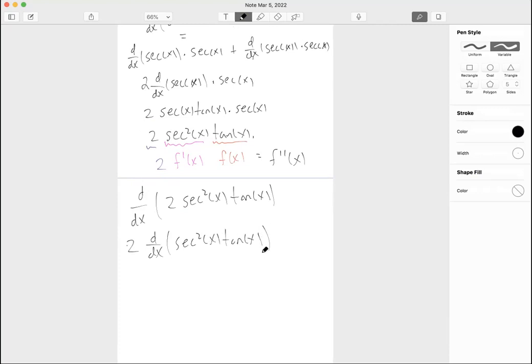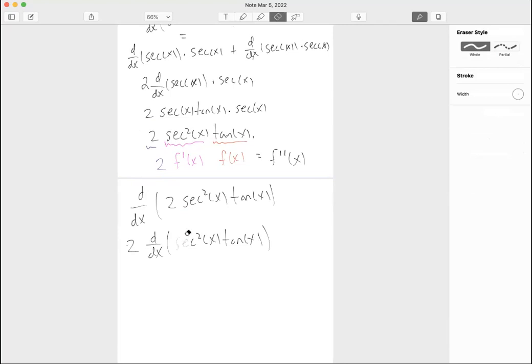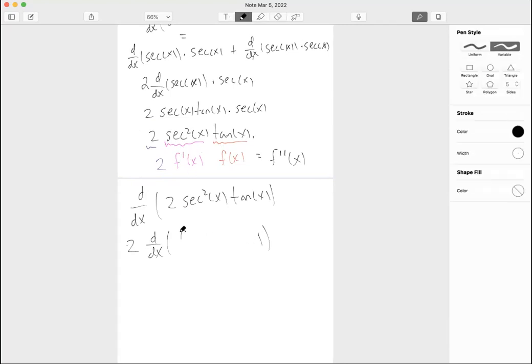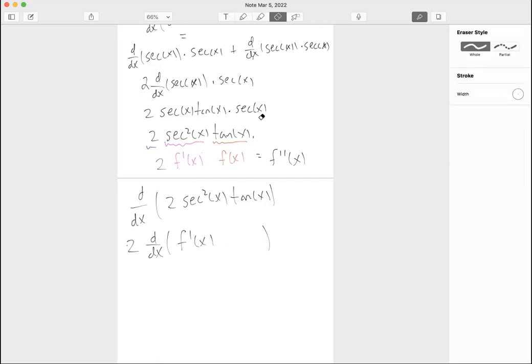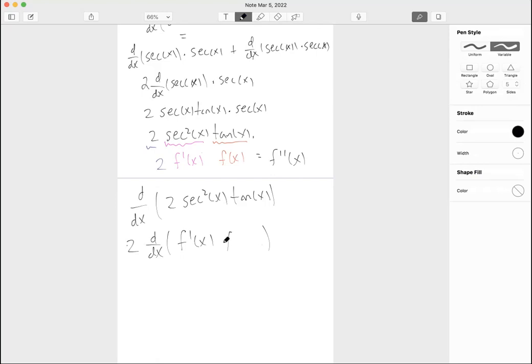Maybe even nicer, why don't we write it in this notation? We know that secant squared is f prime, which might be even easier to work with, and we know that tangent is f.